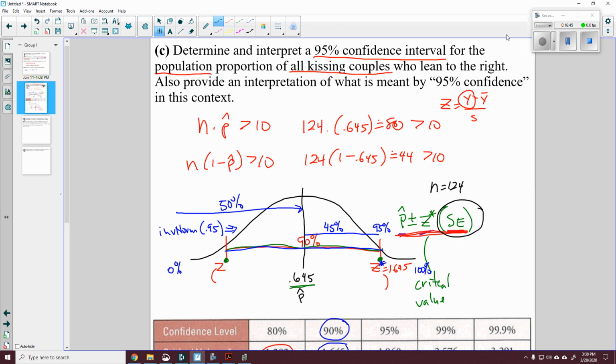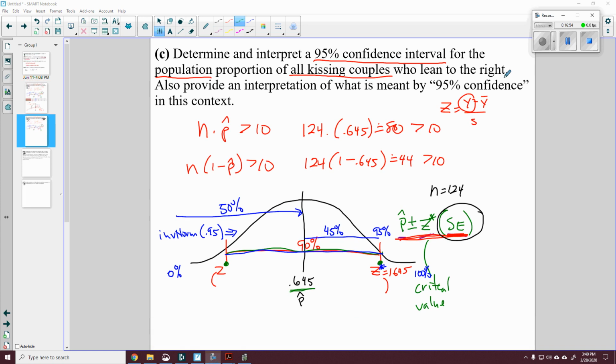And the standard error is equal to, I'm getting kind of crowded here, so I'm going to stop and erase something. The central limit theorem tells me that I can calculate the standard error using the formula: the square root of p hat times 1 minus p hat, divided by n.